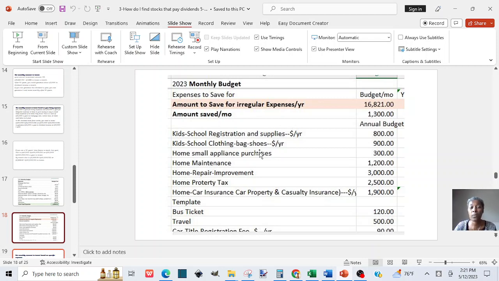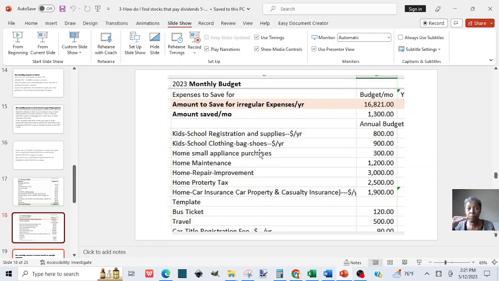Some people like to call them emergency; I like to call them irregular expenses. On your budget spreadsheet, you estimate how much you think you might spend a year in those categories of expenses. Those are expenses that you do not pay for every single month, but they might happen at some point during the year. You'll have an estimate for them.